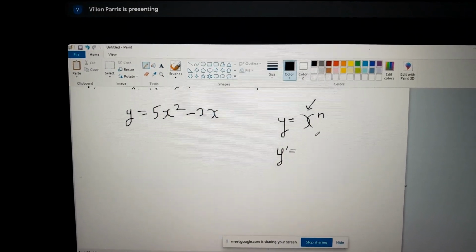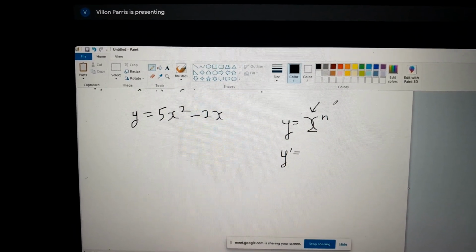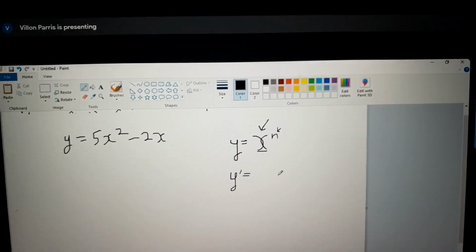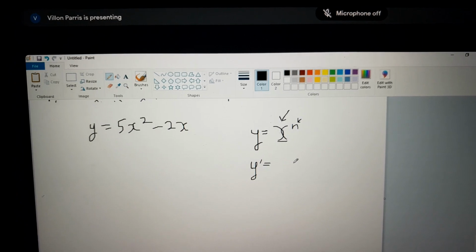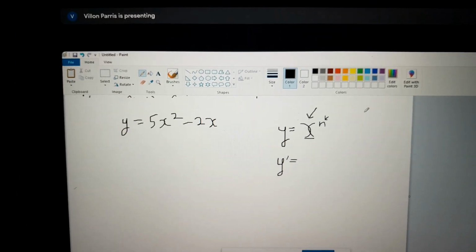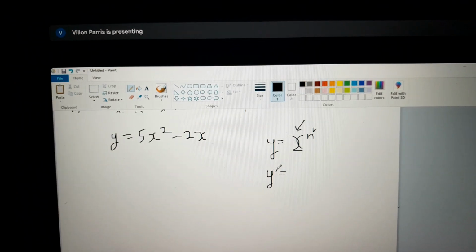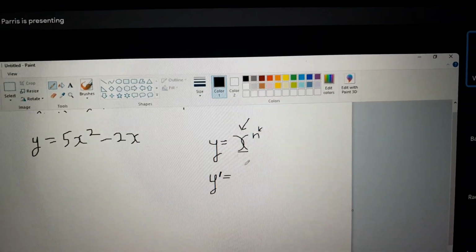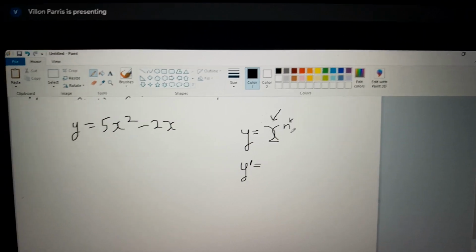What do we have? We have the base, we have the exponent. That would be d over dx, which is the same as saying the derivative of y. So what do we do with n?